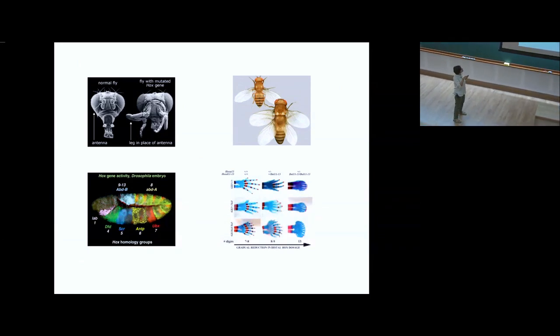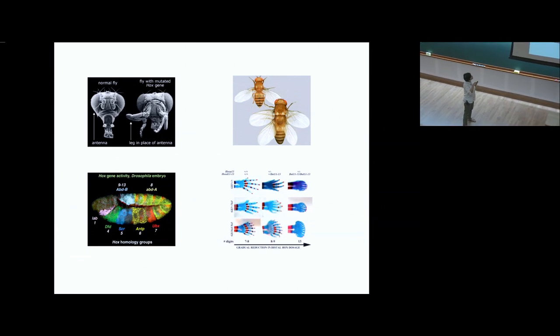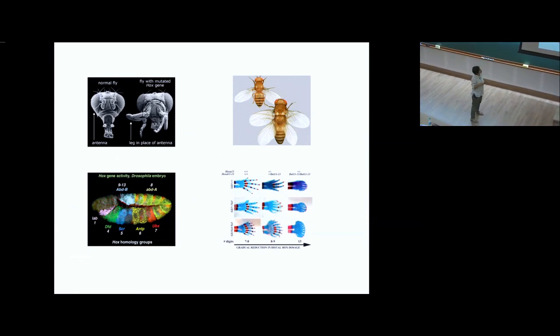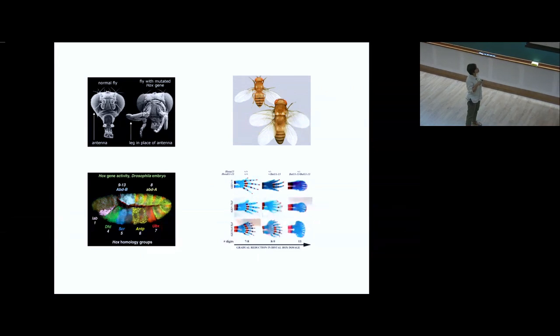Okay, so here's an example of what happens if you mess with Hox genes. These are these famous experiments where there's a fly head, and that's the normal fly with a normal antenna. And if you disrupt some of the Hox genes which are responsible for the production of this antenna here, you might end up with a leg in place of an antenna, right? So it's very, very bizarre stuff that happens. So what that says is, look, the machinery to produce a leg effectively exists in all of these places, right?